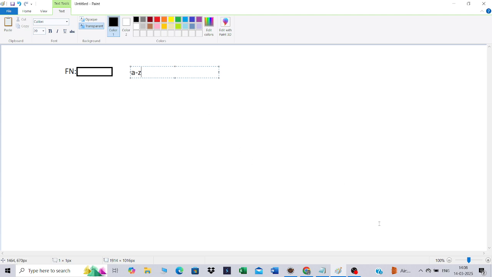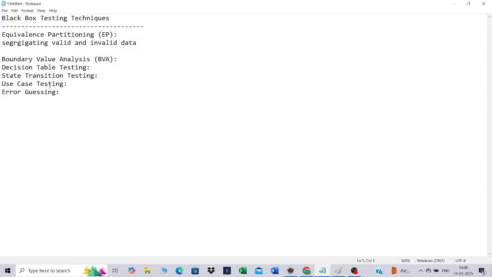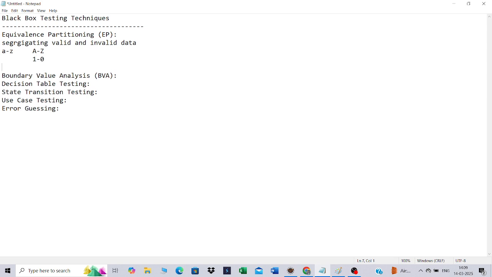In that case, what are the valid scenarios? So now we'll come to the conclusion. Only a to z it should allow. Correct. It should not allow caps A to caps Z, it won't allow numerics, and it should not allow any type of special characters.